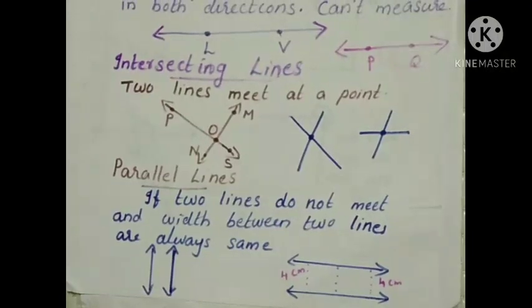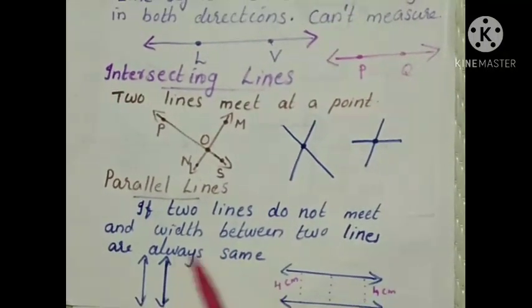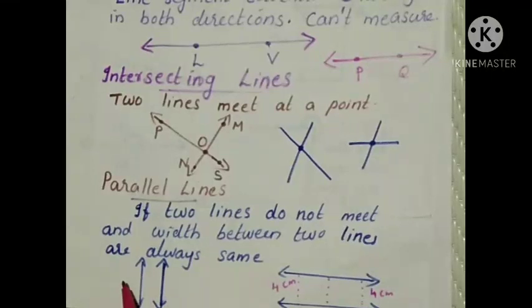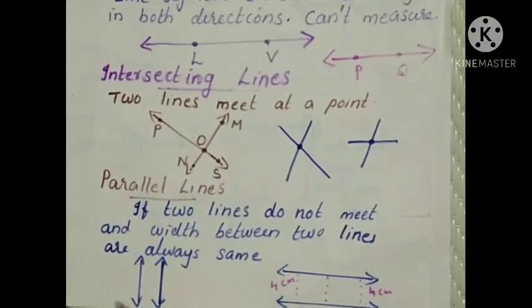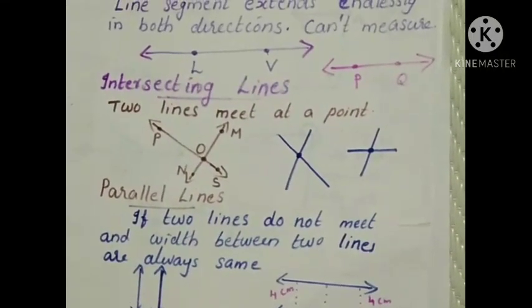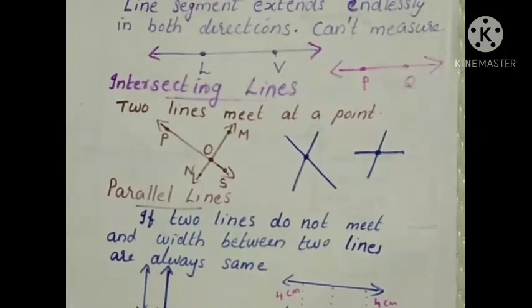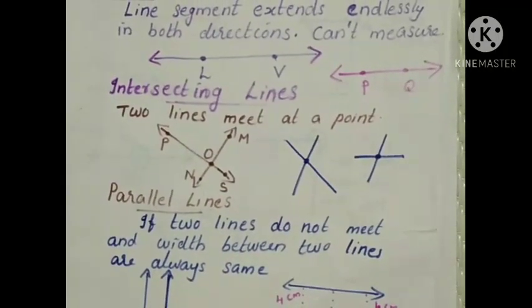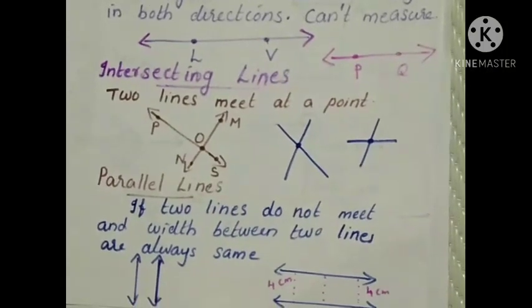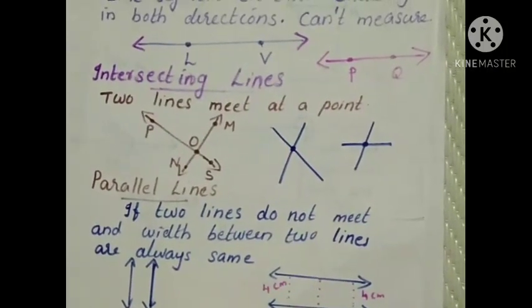Next one, parallel lines. If two lines do not meet and the width between the two lines is always the same, they are called parallel lines. If two lines do not meet, they are called parallel. That is the only definition. Two lines which do not meet.